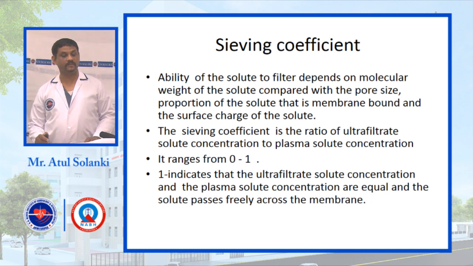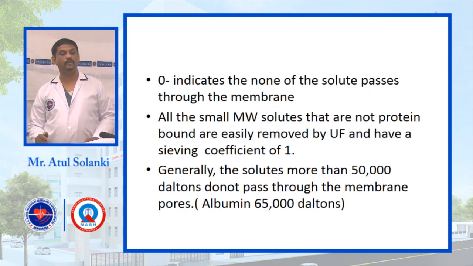The sieving coefficient is the ratio of the ultrafiltrate solute concentration to the plasma solute concentration. It ranges from 0 to 1. One indicates that the ultrafiltrate solute concentration and plasma solute concentration are equal and the solute passes freely across the membrane. Zero indicates none of the solute passes through the membrane.